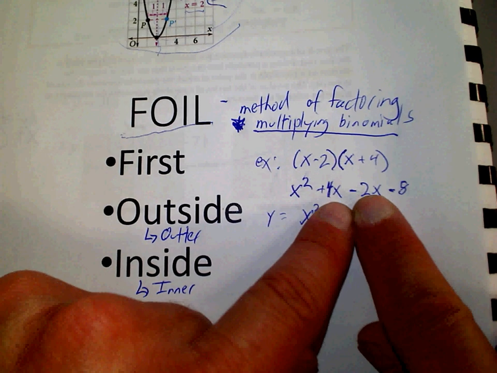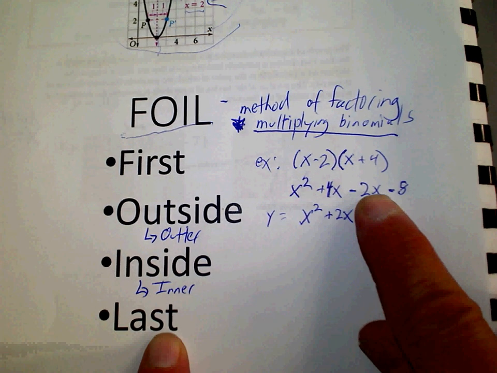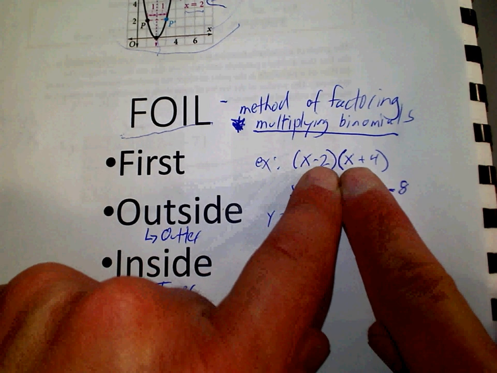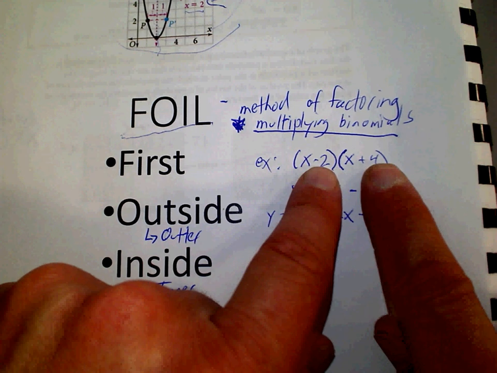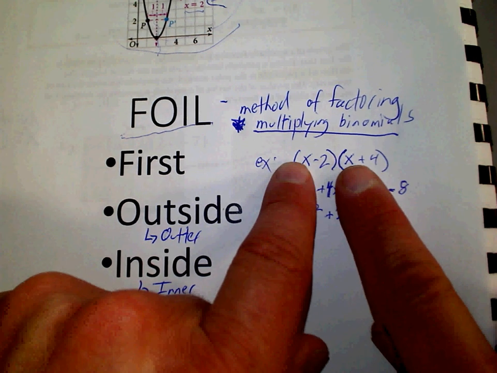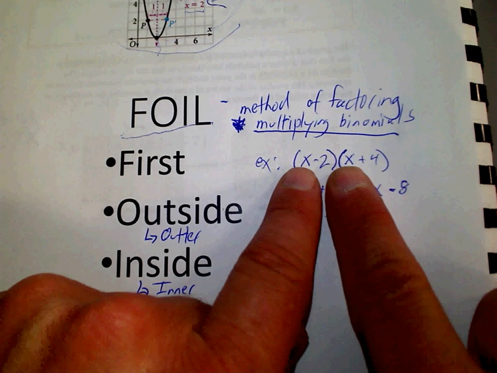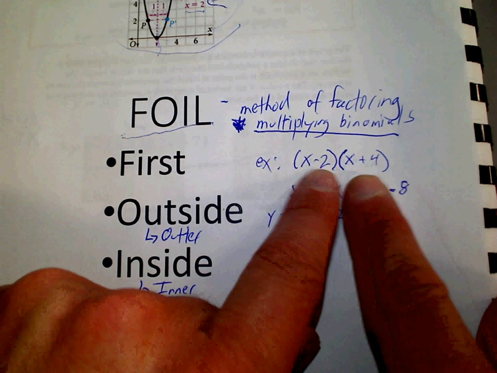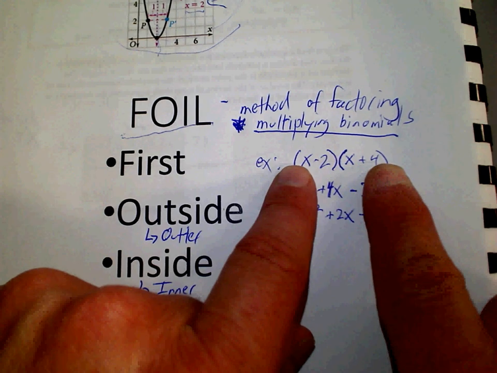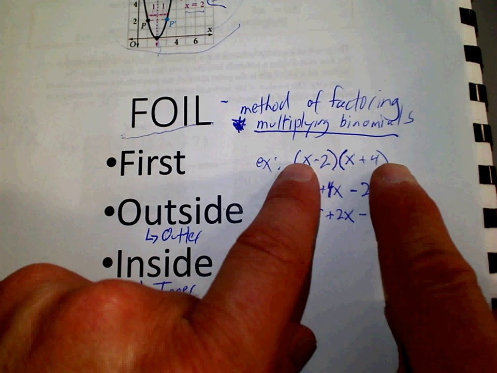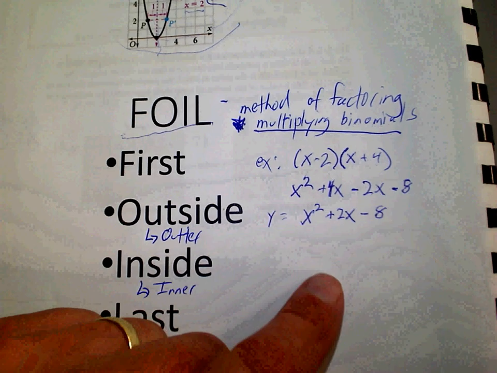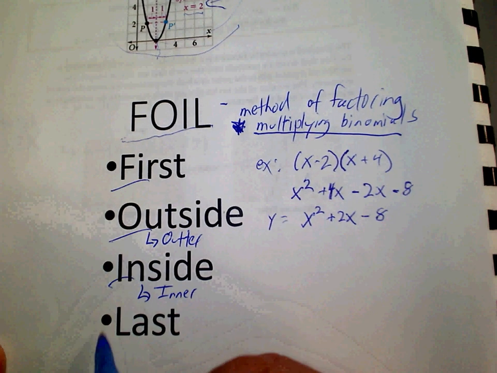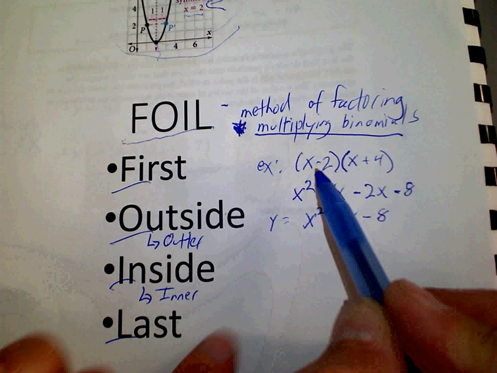What would be my last terms? Negative 2 and 4, my last terms, which gives us negative 8. So if x and x are the first, negative 2 and 4 are the last. First, outer, inner, last. If you follow this F-O-I-L, watch what F and O are doing.